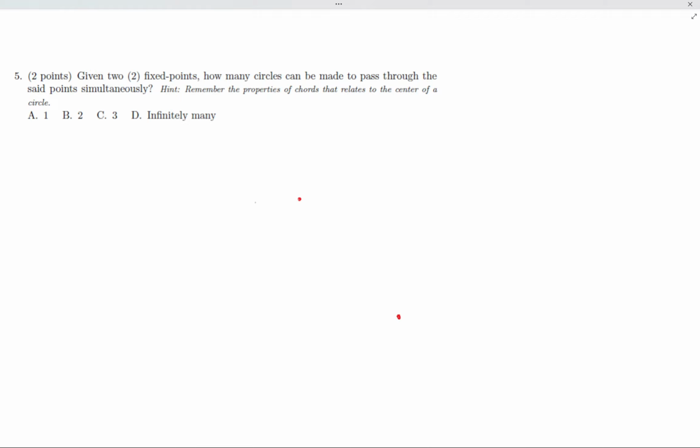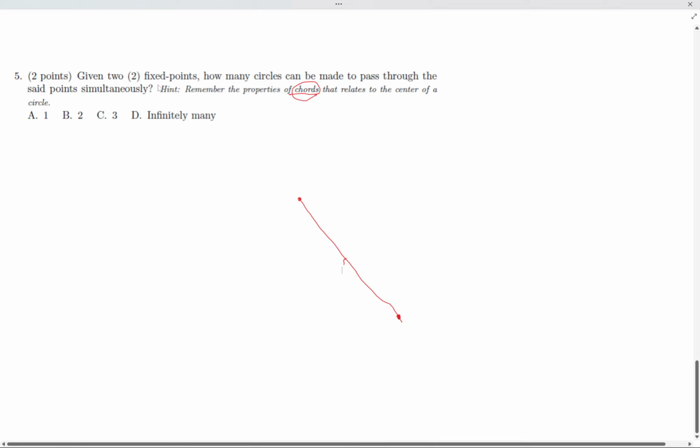Now, the strongest argument that we could make is probably to remember some of the properties of our chords. I believe we have discussed this one, but again, if you have 2 points corresponding to the endpoints of a chord, the perpendicular bisector of that chord would contain the center of our circle.